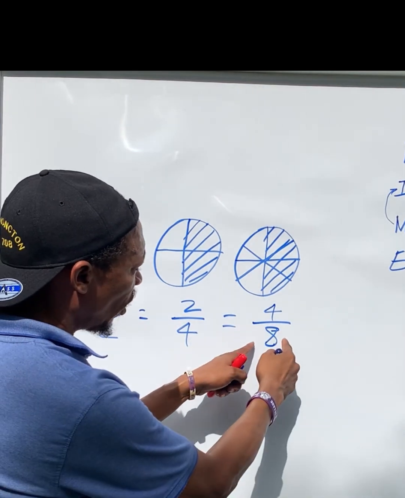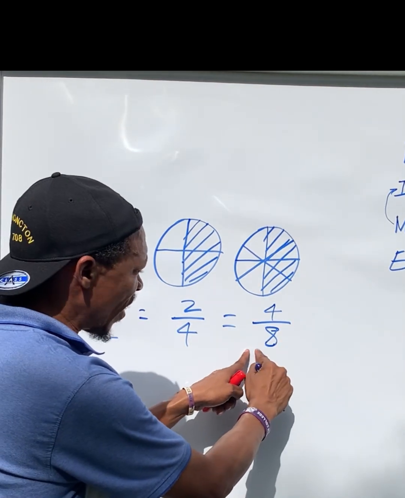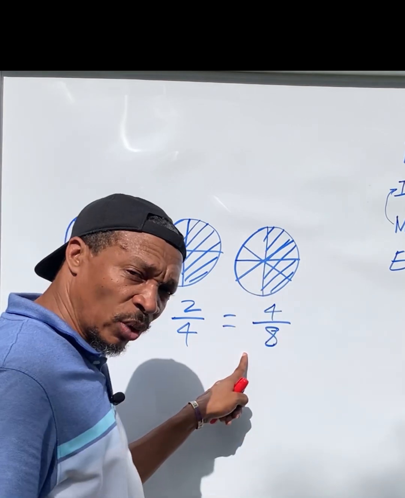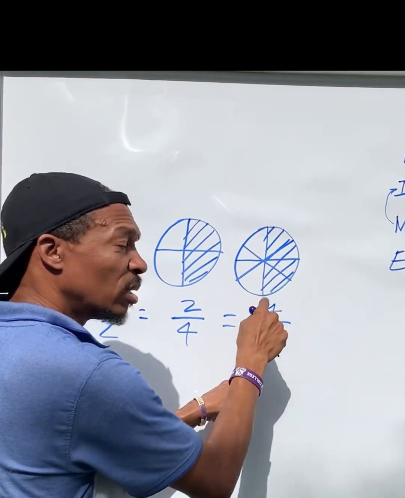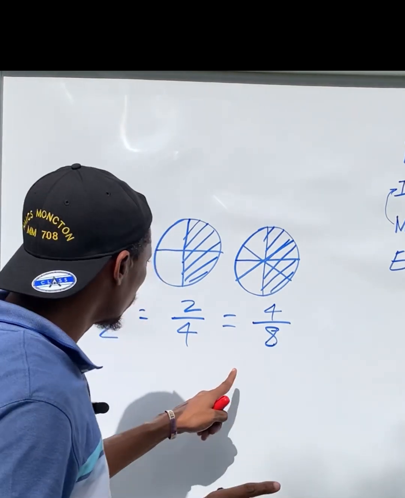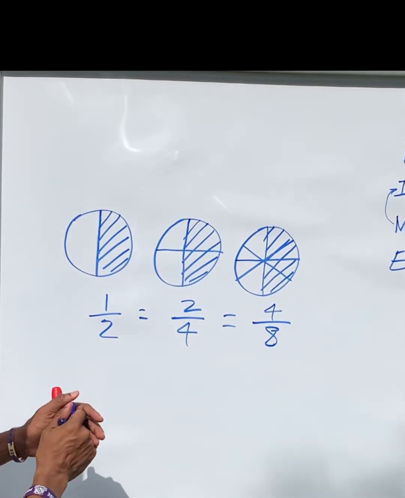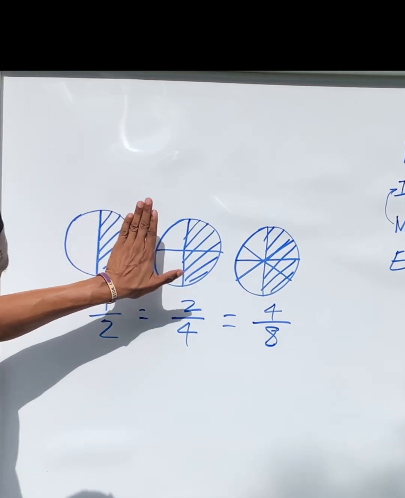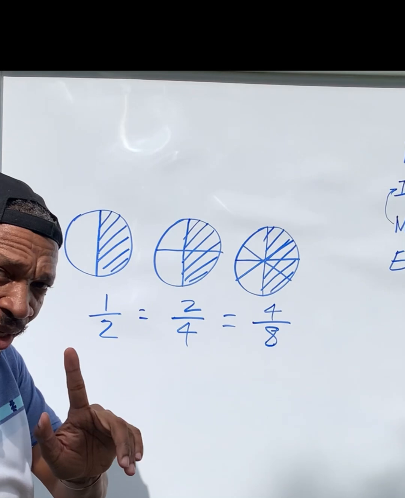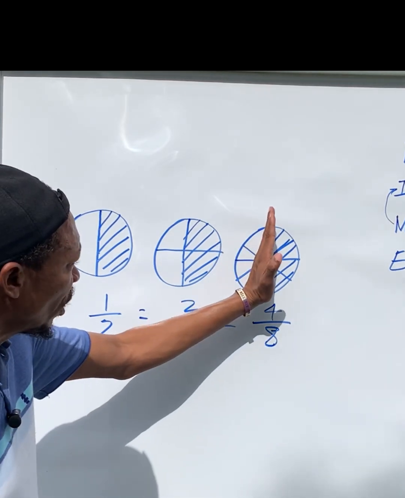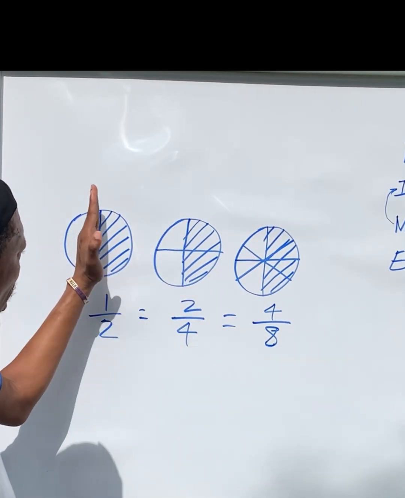Likewise, over here it was divided into 8 parts. We shaded only a half of it, which was 4 sections of this 8. So if you look, a half of all of these pies have not been shaded. A half have not been shaded here, half empty, a half empty.